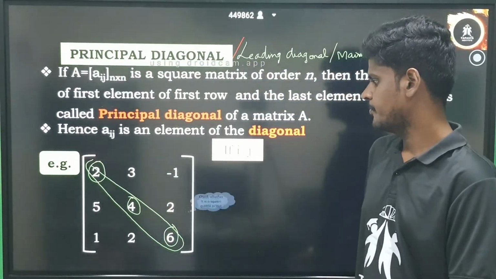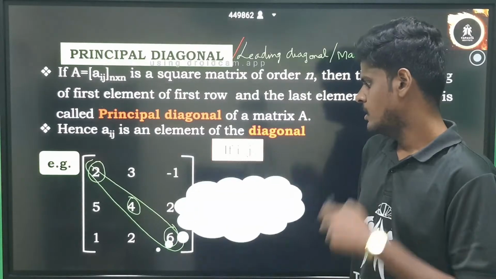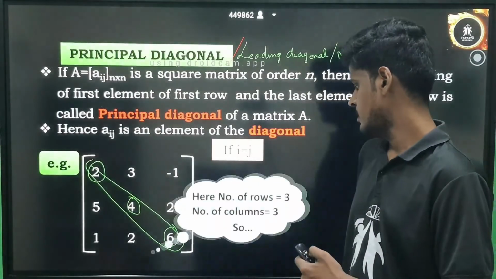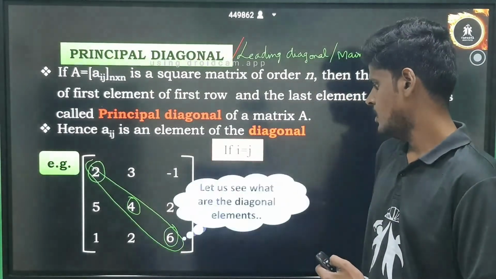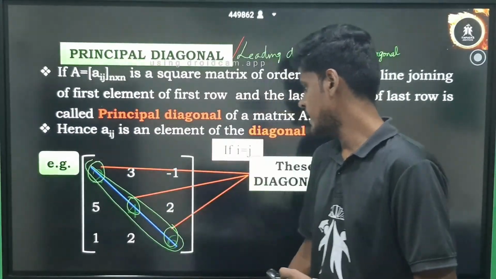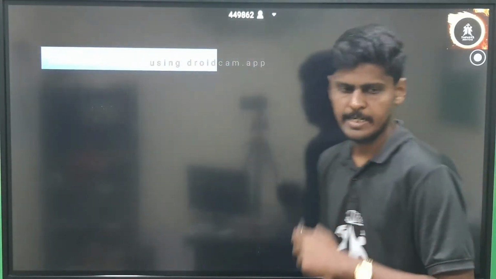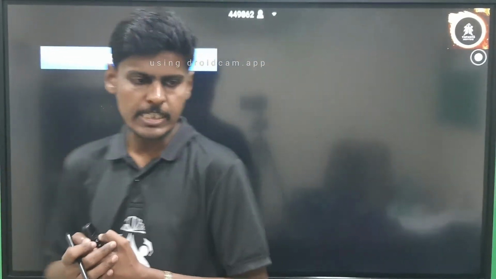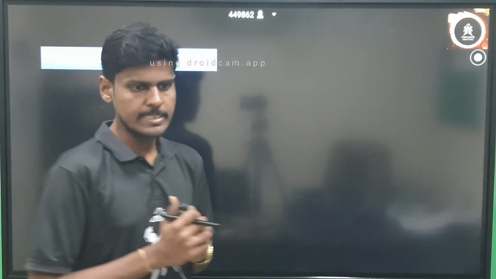Similarly, 2, 4 and 6 are leading diagonal elements or diagonal elements. Next, what is a trace of a matrix? Again, this is an interesting topic.